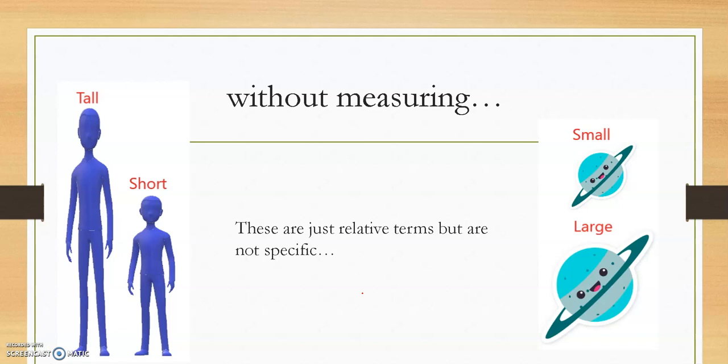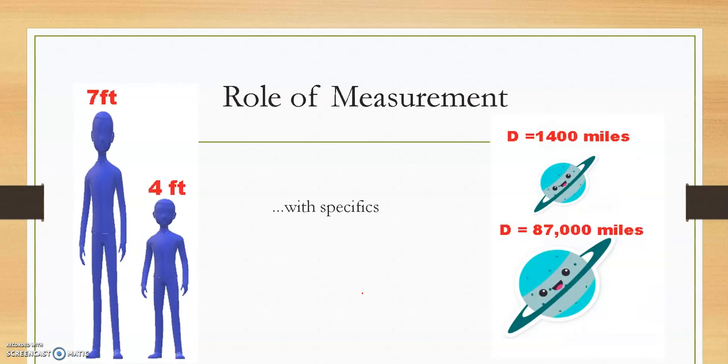As I've said a while ago, to make it specific, you need to provide an accurate measurement along with its unit. So to make it specific, a tall person is 7 feet tall. So you see here the numerical value along with its unit. And then a shorter person is at 4 feet.